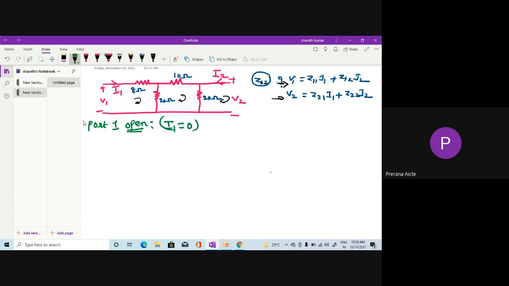So I1 is going to be 0. What happens in the circuit? That is very important. If the current is 0 for any circuit, obviously the resistor which is in series to that port is not going to be considered. So for the modified circuit, we have a 10 ohm resistor here and a 20 ohm resistor here.